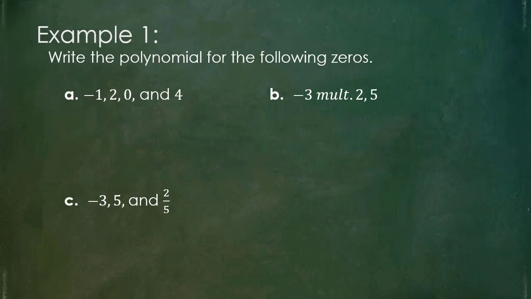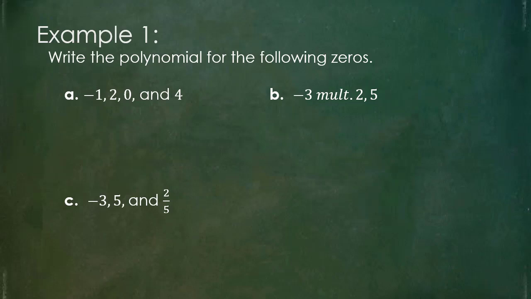So this first example is basically to provide some context, or at least a visual, for what that last slide was mentioning. For part A, what's nice is that when it says find a polynomial, or write any polynomial that has these zeros, the leading coefficient out front can be any number you want.